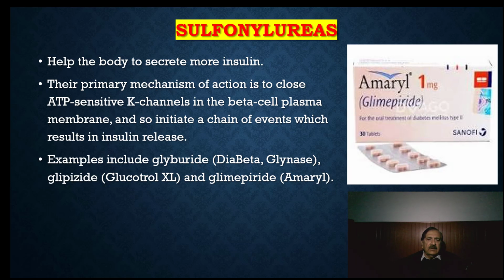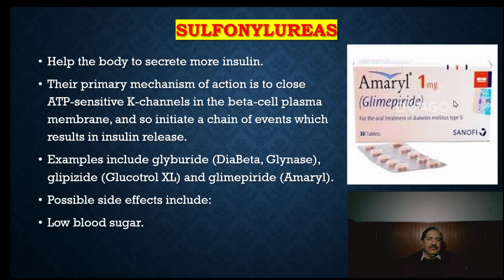Examples include glyburide, DiaBeta, and the most important drug in this series, glimepiride, or Amaryl, which is available in doses of 1 to 4 milligrams. Possible side effects include low blood sugar and weight gain.